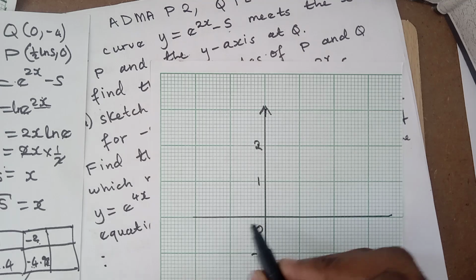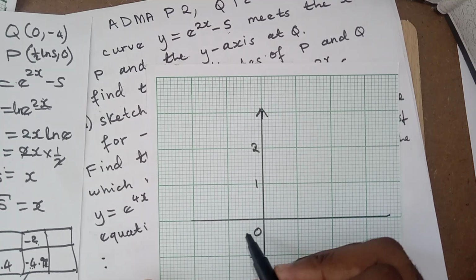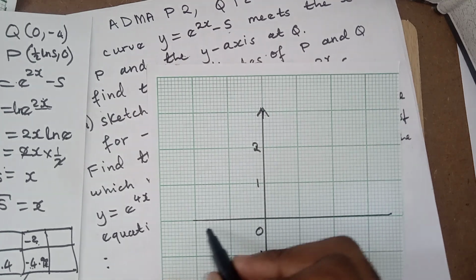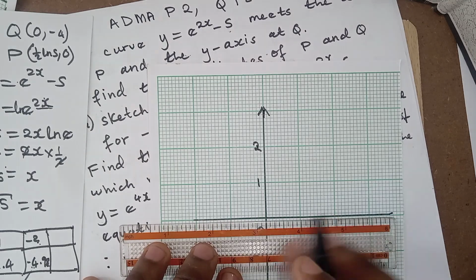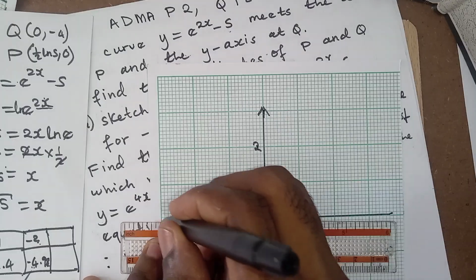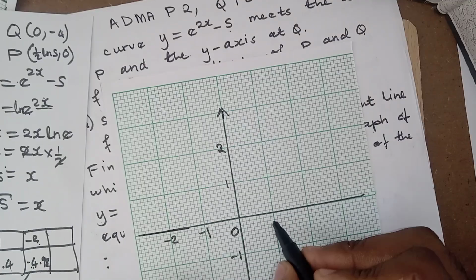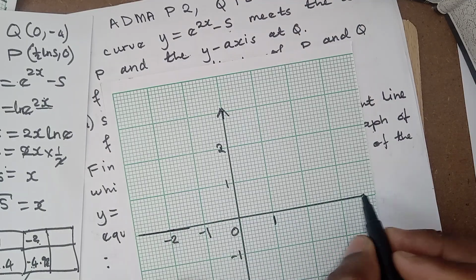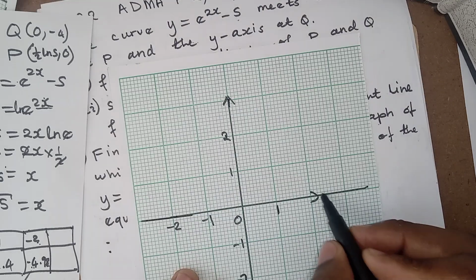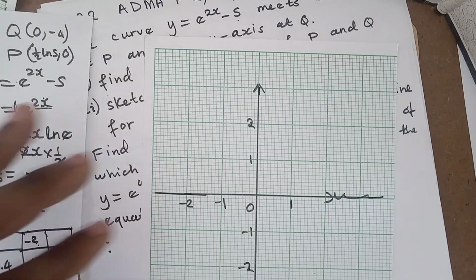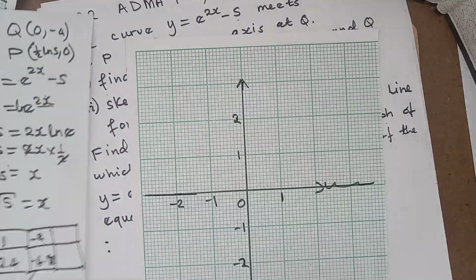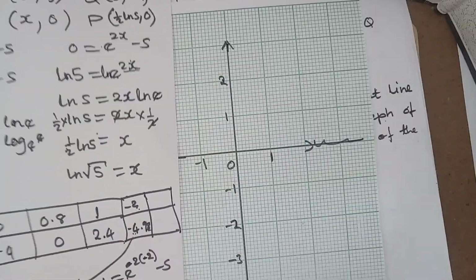So you only have numbers from -2. So it's more of the negative y values than the positive, like this. So now we can plot our points.